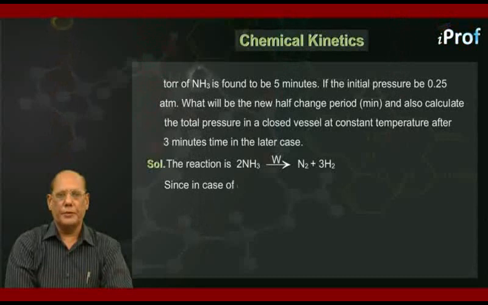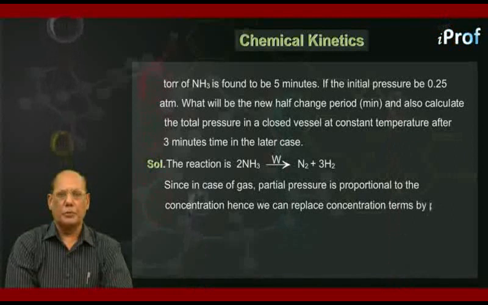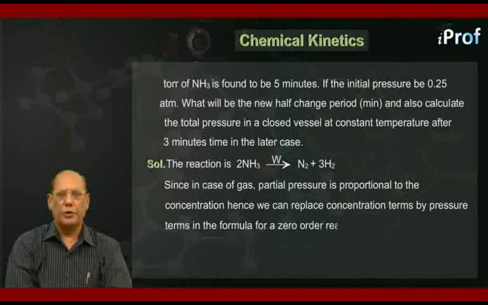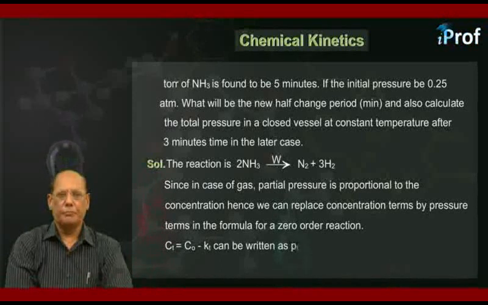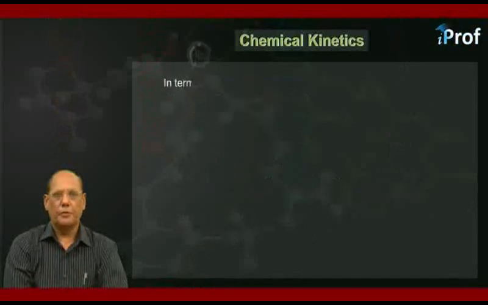Since in case of gas, partial pressure is proportional to the concentration, hence we can replace concentration terms by pressure terms in the formula for a zero order reaction, that is Ct equal to C0 minus Kt can be written as Pt equal to P0 minus Kt. Of course, K will now be in terms of pressure into time inverse.